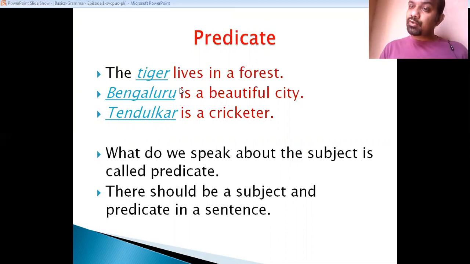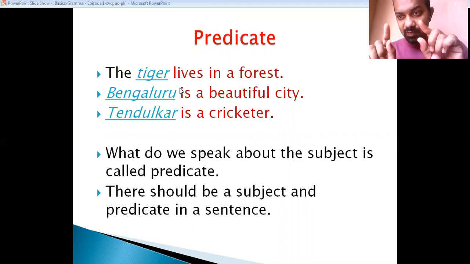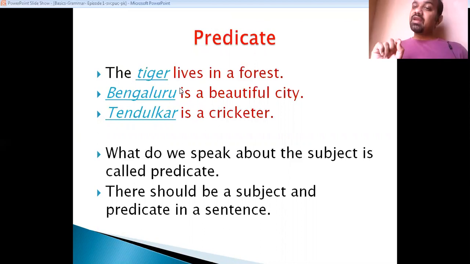What we speak about Bangalore, it is a beautiful city. What we speak about Tendulkar, a person, he is a cricketer. So what we speak about the subject is a predicate. I hope this much is clear to you. Then we must understand there should be a subject and predicate in a sentence.